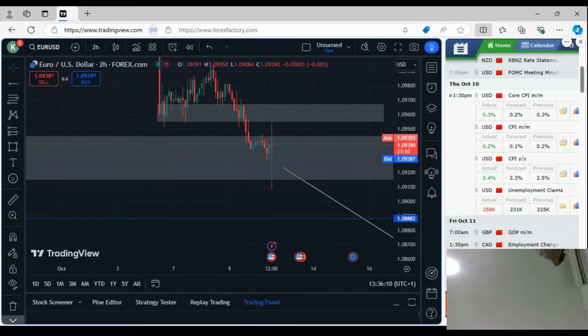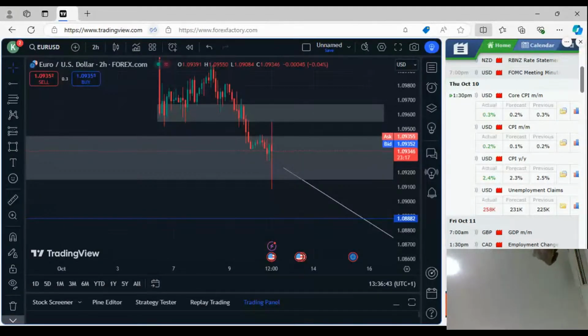Because the Fed said they are not actually reducing the interest rates this year, they were looking at cutting it from 0.5 down to 0.45%, but they are not doing that anymore, and that's why you saw the US dollar having strength.